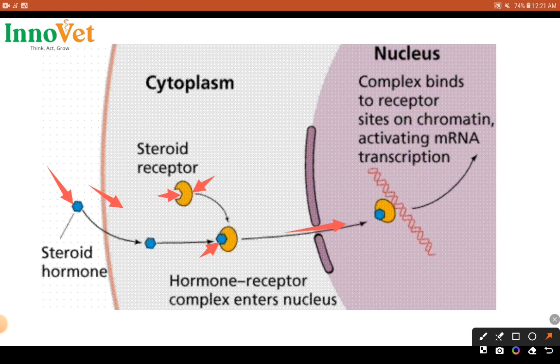So our complex will bind to a specific sequence of DNA, leading to activation of messenger RNA transcription. And with transcription, you know that what follows is translation.